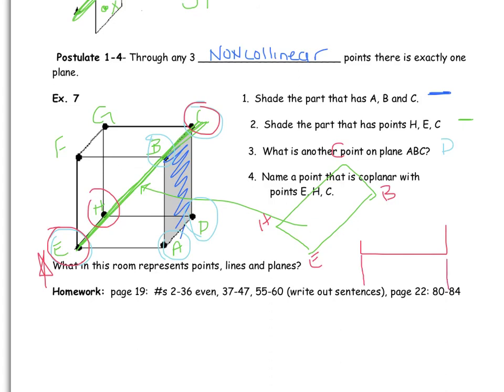I'm a horrible drawer, I know. This is a line. The ceiling and the wall meet at a line because they're considered like planes. Your floor and the wall meet at a line. As far as points go, if you look at the corners of your room, those would be points where lines meet. And yeah, we got all three.